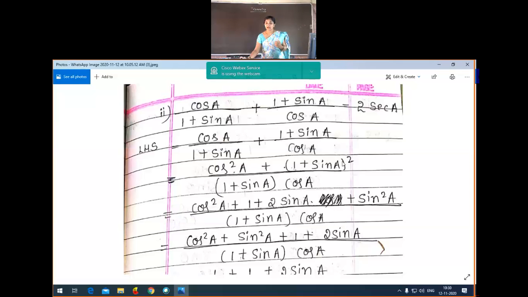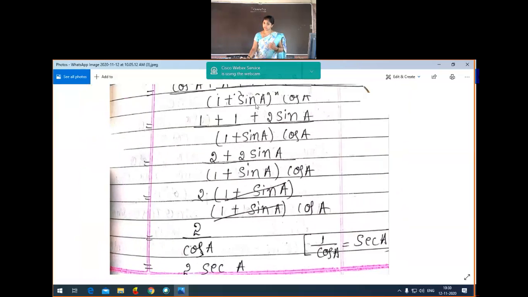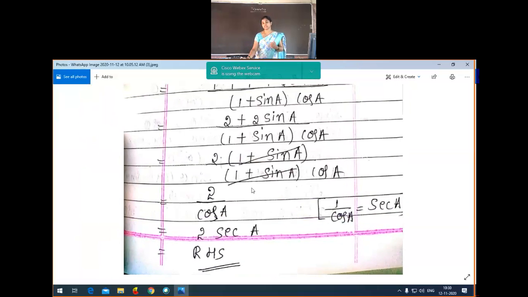After applying a plus b whole square, you can apply the trigonometric identity, that is cos square a plus sin square a is equal to 1. Got the idea of this problem, students? Yes, 2 secant a is the RHS. This is the way of solving the problem. Is that clear? Second problem is clear.